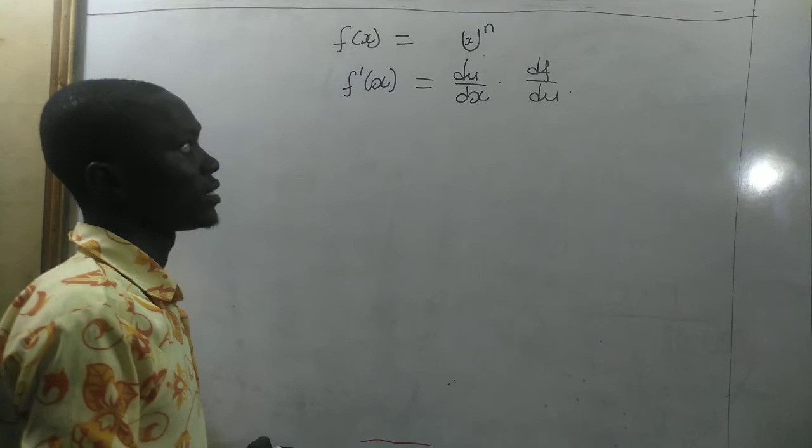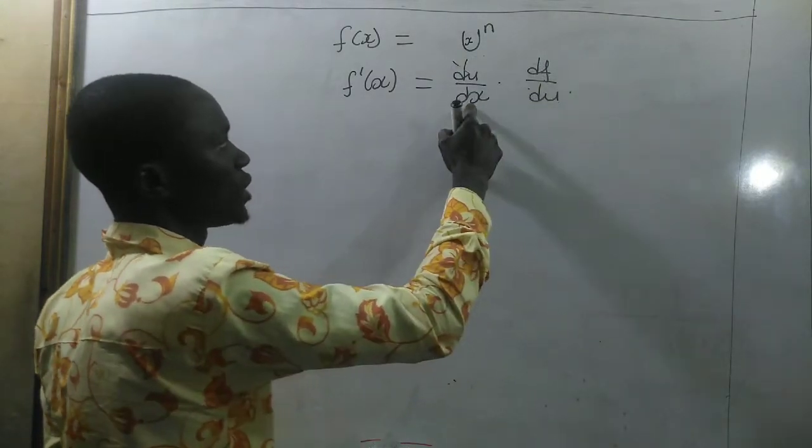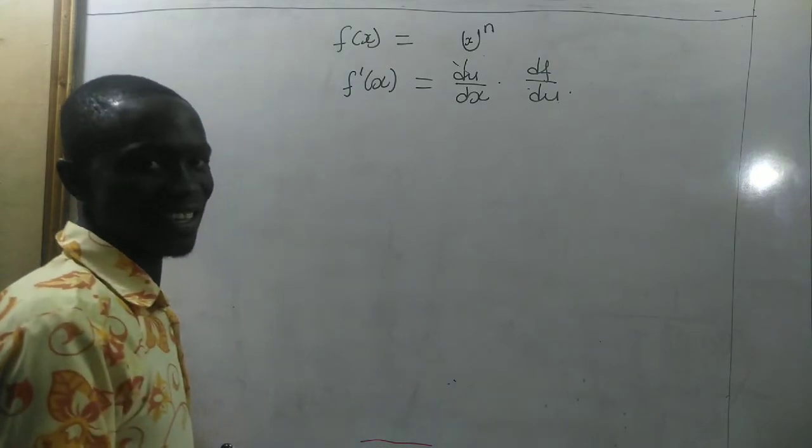Very simple as that. So that du will cancel du and you have df on dx. Very simple as that.